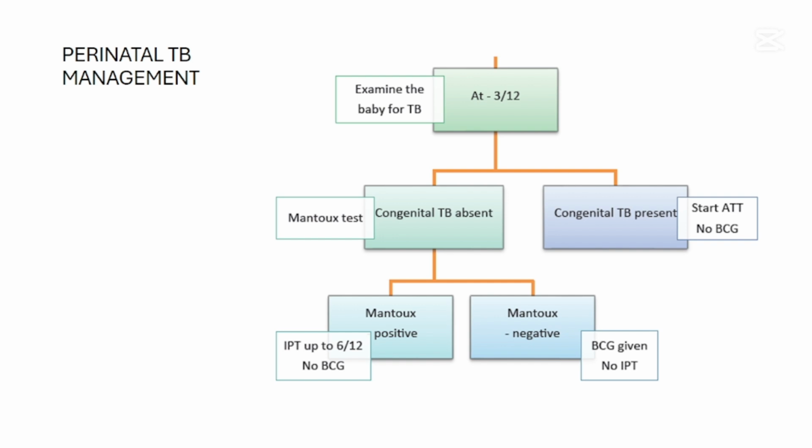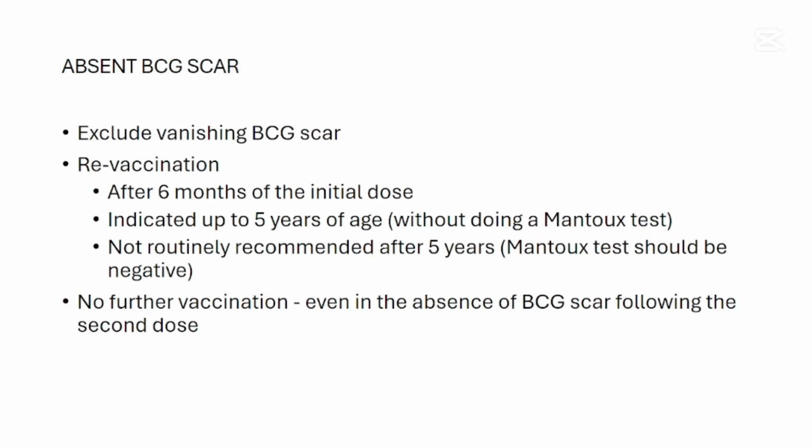If the Mantoux is positive, that means more than 5 millimeters, we continue INH prophylaxis for a total of 6 months and avoid giving BCG. If the Mantoux is negative, we can stop INH prophylaxis and give the BCG vaccine.